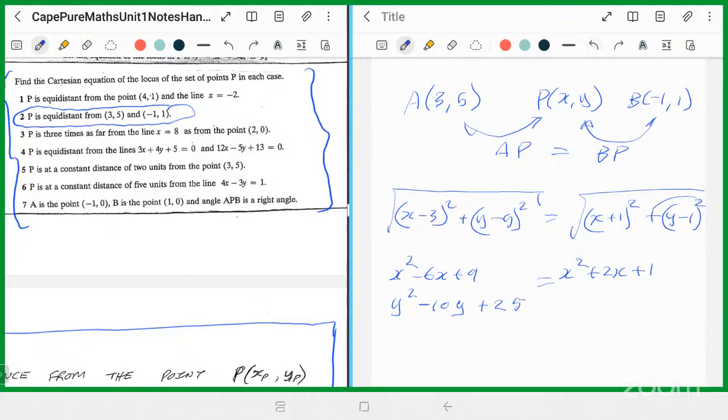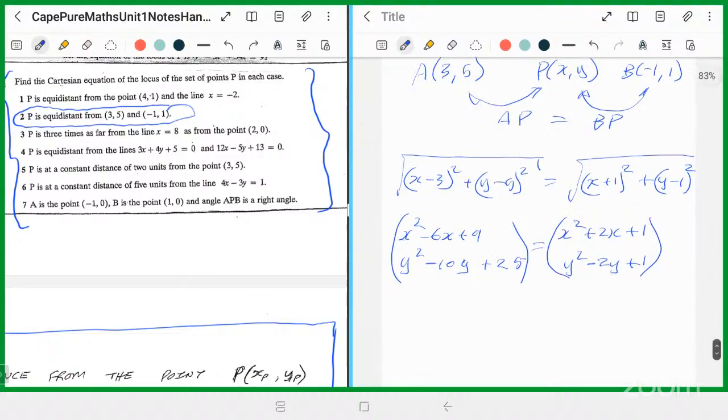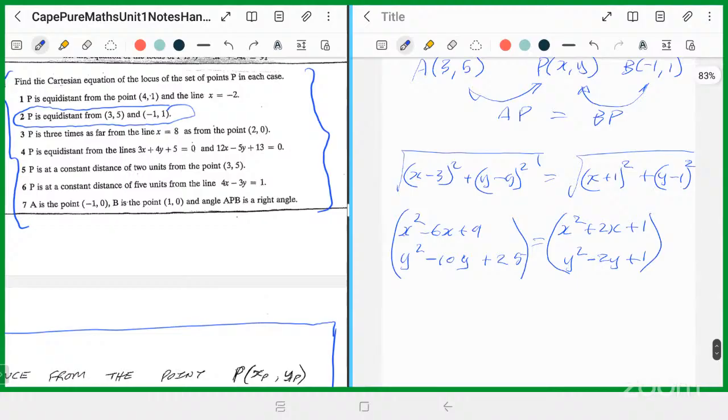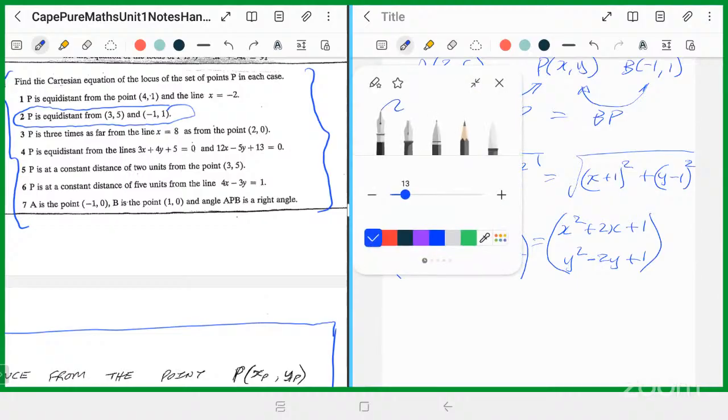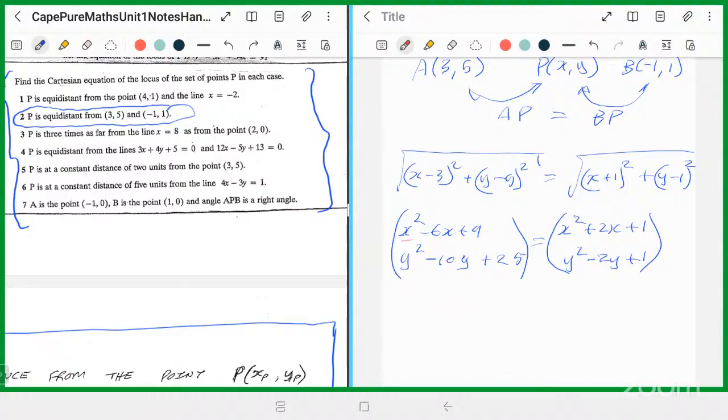And if you expand this one, you're going to get y squared minus 2y plus 1. So the left side equals the right side. The squared terms cancel each other. So the x squared on this side cancels the x squared on this side, and the y squared on this side cancels the y squared on that side. Then we consolidate the other values.